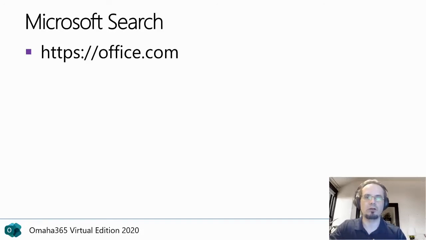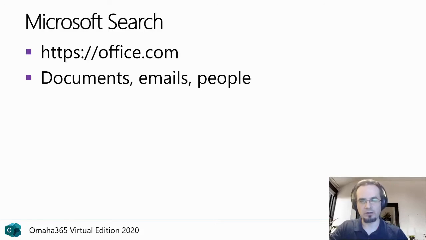There's a nice bar we can use to type our query, and we'll get some results. We can use that search to find documents, information inside documents, information inside emails, and information about people, so our colleagues, employees, etc.